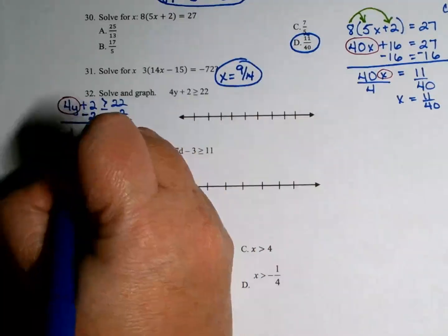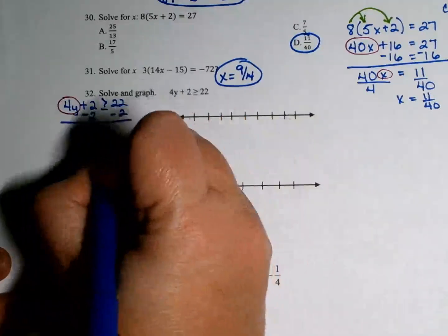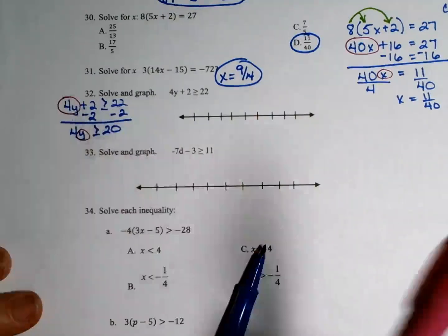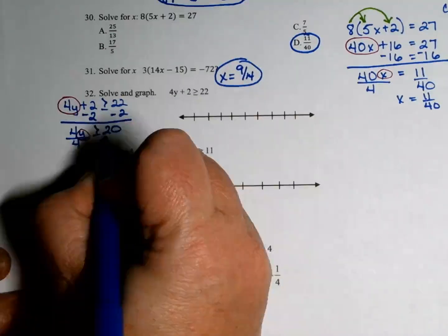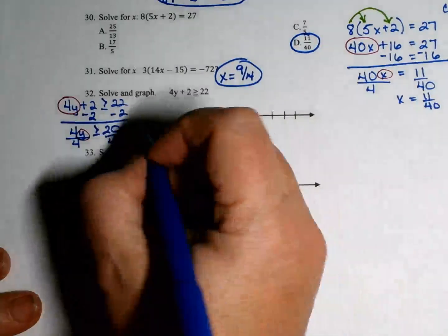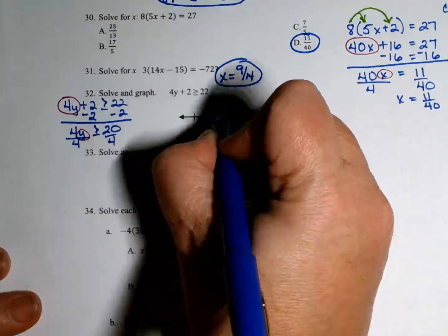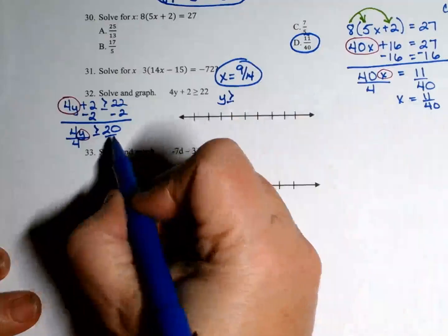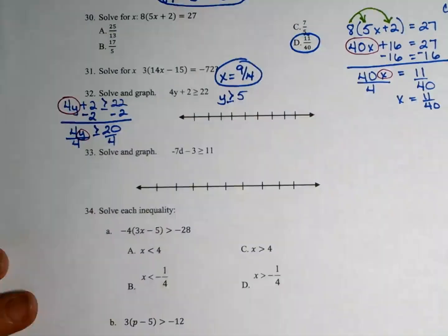That leaves me with 4y is greater than or equal to 20. Now I need to get it down to the y, so I have to divide both sides by 4, and I wind up with y is greater than or equal to 20 divided by 4 is 5.